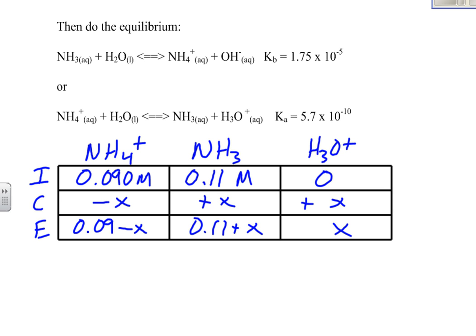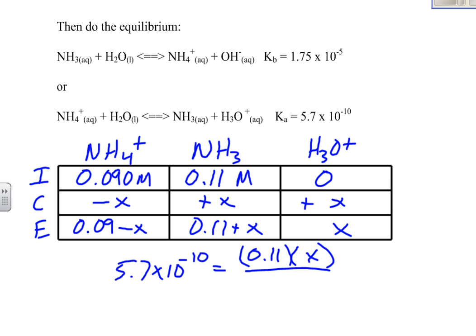And then we do our equilibrium expression. So we've got the 5.7 times 10 to the negative 10th is equal to, again, the x is going to be negligible here, so we'll have 0.11 times x divided by 0.09.